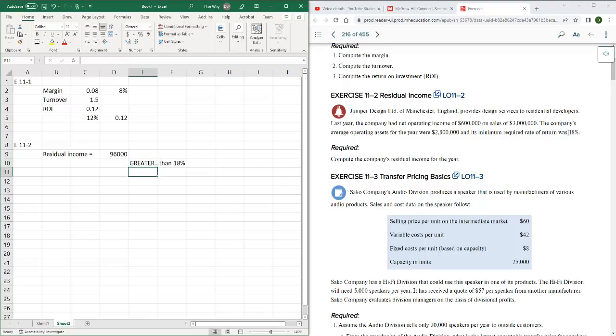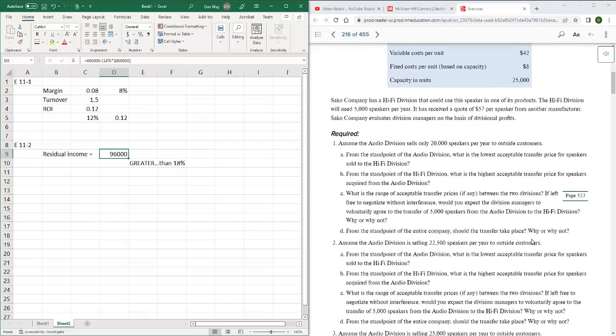Since that's that minimum required rate of return used to calculate residual income in the first place. If the actual return had been less than 18%, residual income would be negative. If the return had been exactly 18%, residual income would be exactly 0. Right? So we want to keep those relationships in mind just in terms of a logic check, and also understand the relationships between these different income and return components.